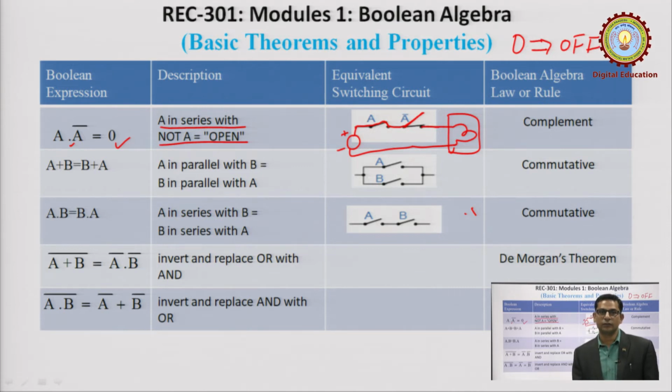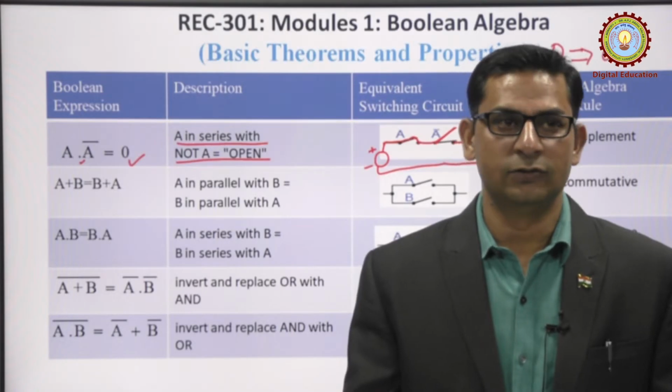So the output remains 0 in both cases. If two switches, one a and the second not of a, are connected in series, the output will always be 0, whether the value of a is 1 or 0.